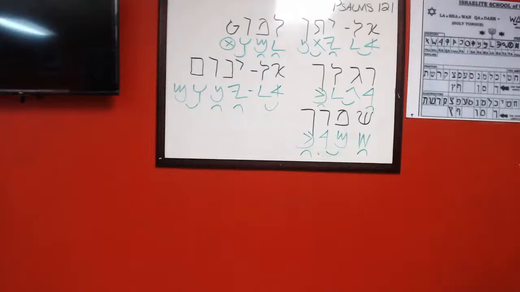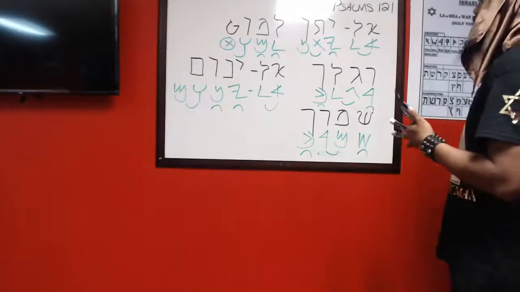All right, now read it for me again. This is the book of Psalm chapter 121, verse 3 in the Hebrew. Al, Yahanna, Lama Watts, Radalak. No. Look at the connectors. Look at the connectors.